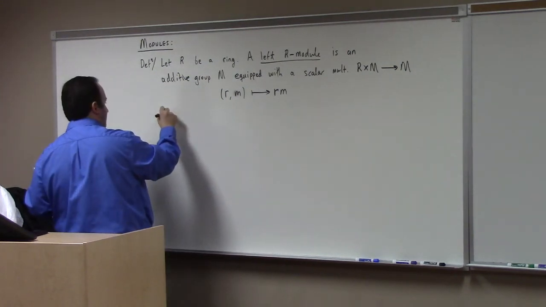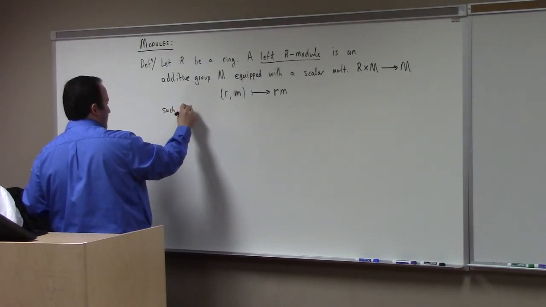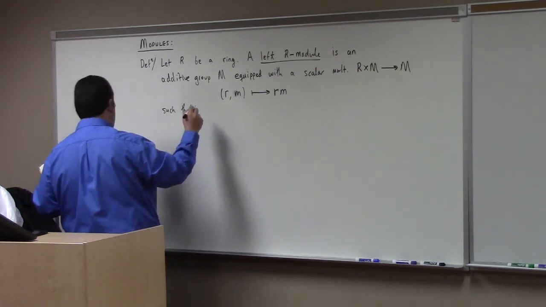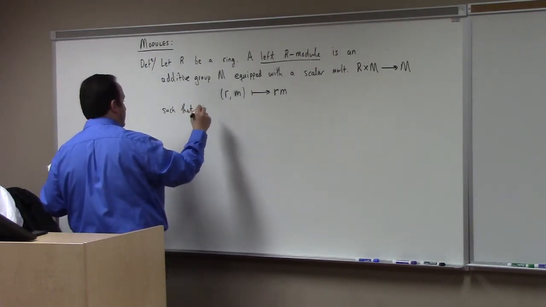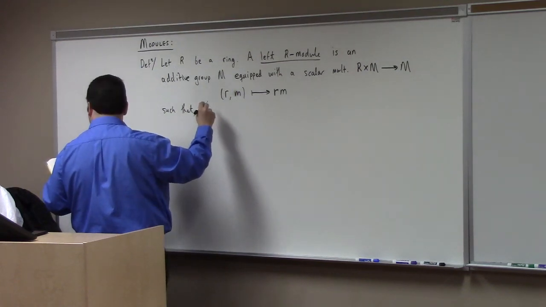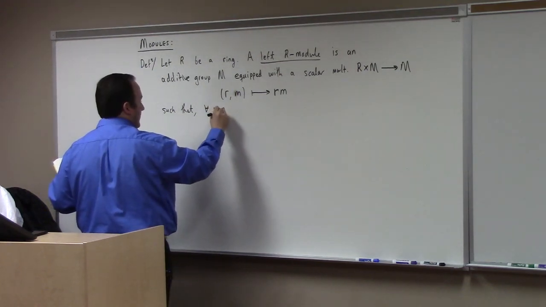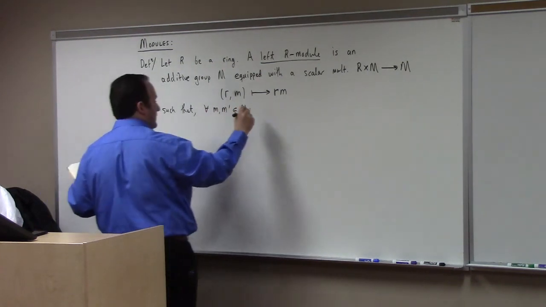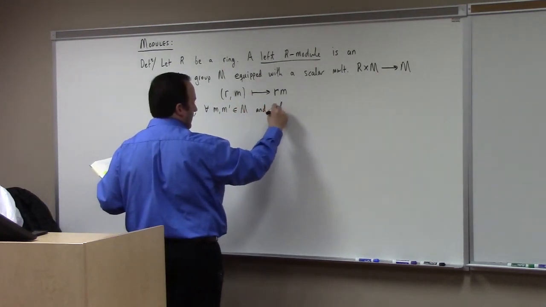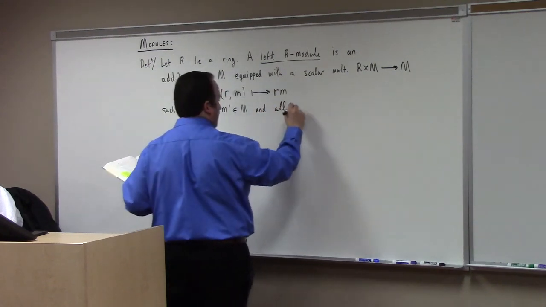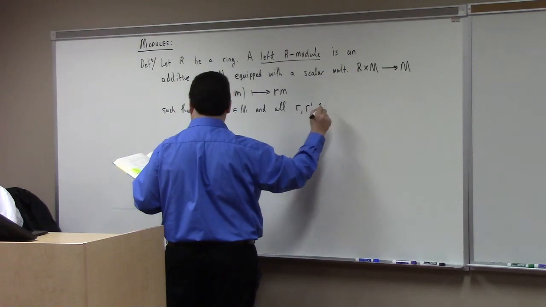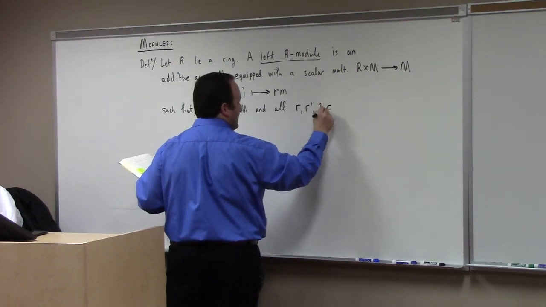such that, so one of your questions probably should be, well, such that the following: such that for all m and m' in M, and all r and r' in R. Of course, 1's not a variable, but that's the unit of the ring.